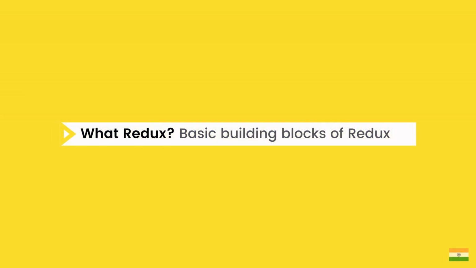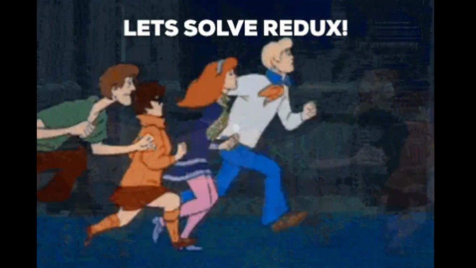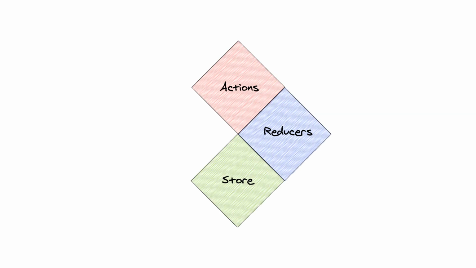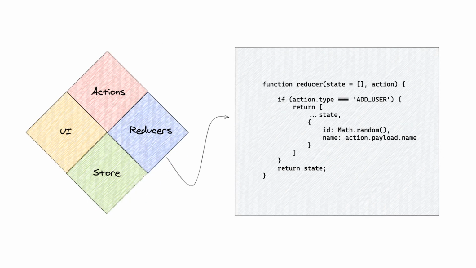So now let us understand the basic building blocks of Redux. In the mysterious story of Redux, we have four main characters: actions, reducers, store, and UI. Actions are simple JavaScript objects with two properties, type and payload. Then comes the reducer. A reducer is a pure function.